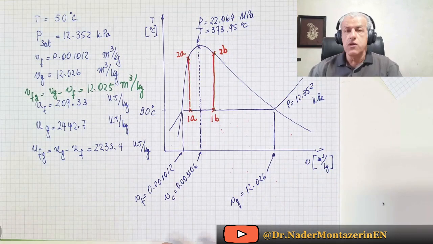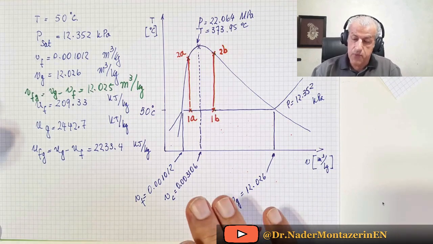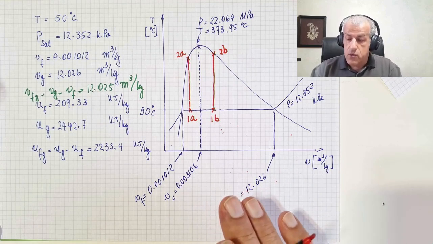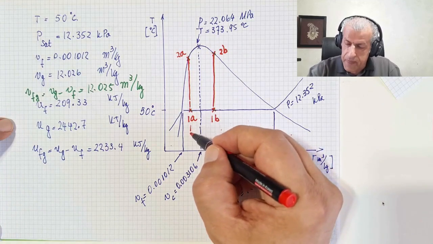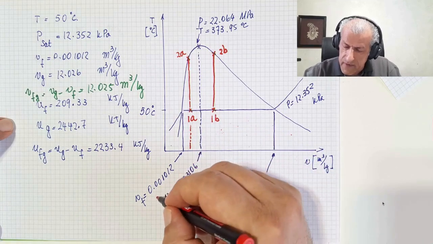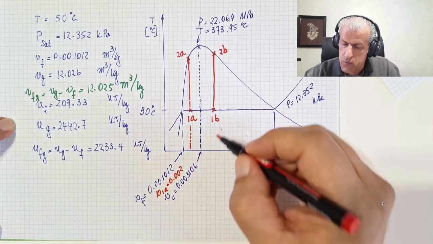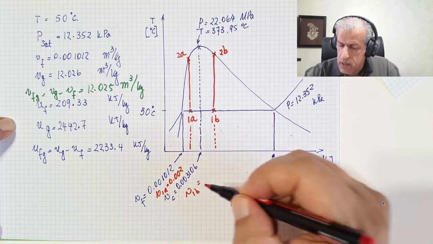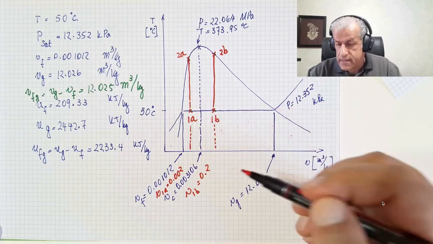So we have two different processes, one from point 1A and one from point 1B. And the mass conservation law told us that the specific volume remains constant. You see here, our specific volume, v1A, was 0.002. And here, our specific volume, v1B, was 0.2. And this is how we draw it.